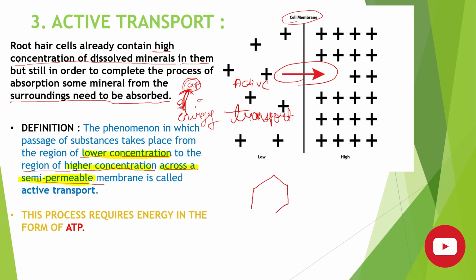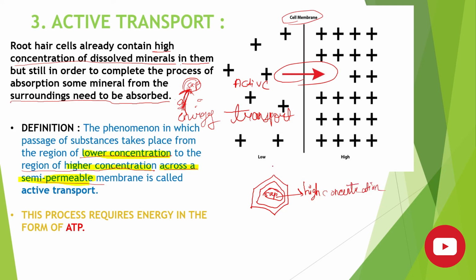Plant cells have a perfect cell wall. Inside the cell wall, this is the cell membrane of a plant cell. And then this is the vacuole, which contains sap. And the sap is of high concentration.